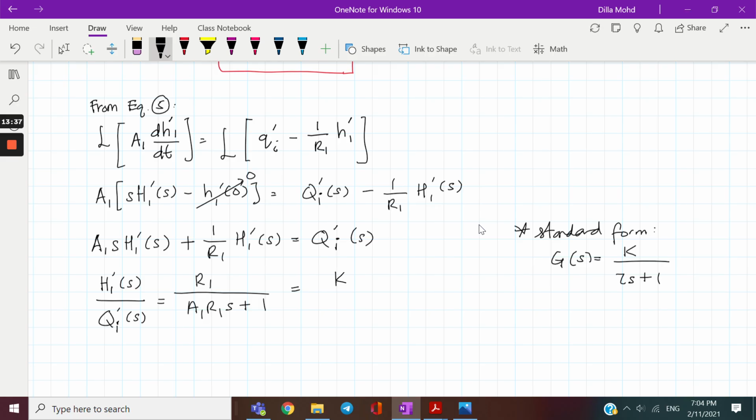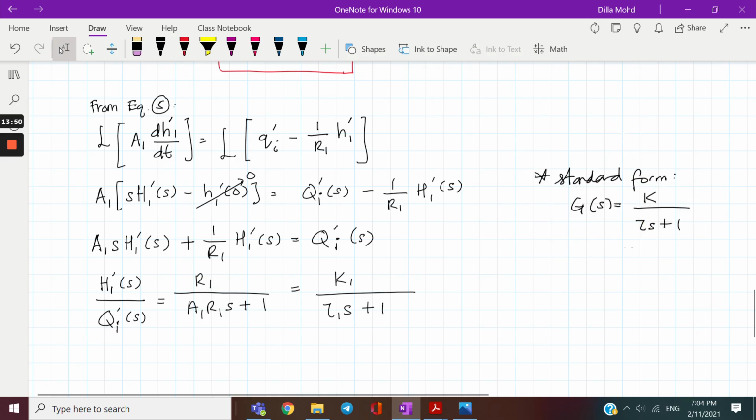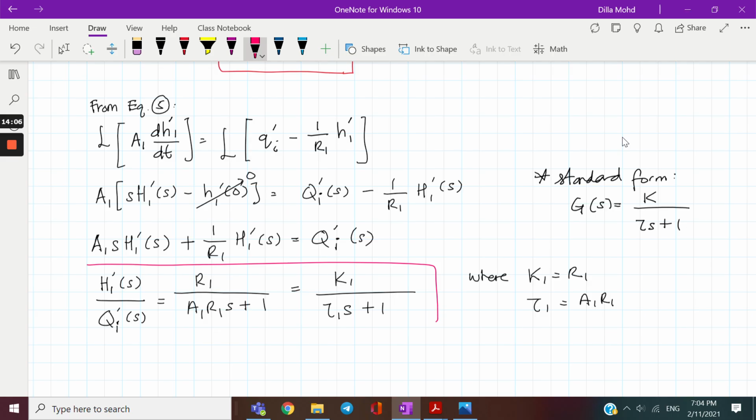If you put this in standard form, it becomes K1 over tau1 s plus 1, where now you can identify what K and tau are. K1 is R1 and tau1 is A1 R1. So this is another transfer function that you have.